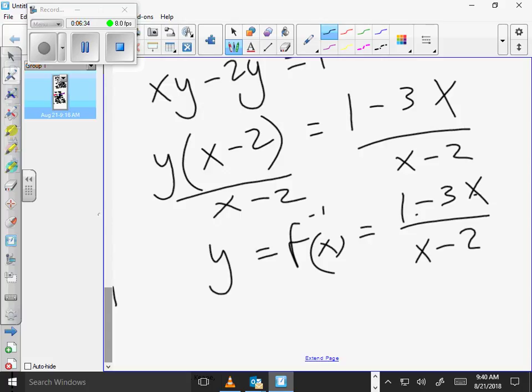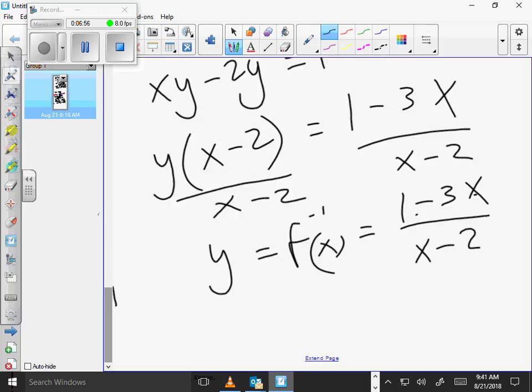Yep. 1 minus 3x over x minus 2. Okay, so which one do you want to do first, f of f inverse or f inverse of f? F of f inverse. And what are we supposed to get when we do f of f inverse of x?